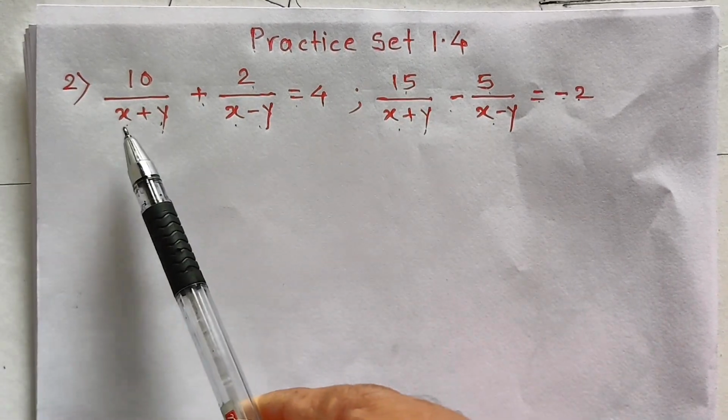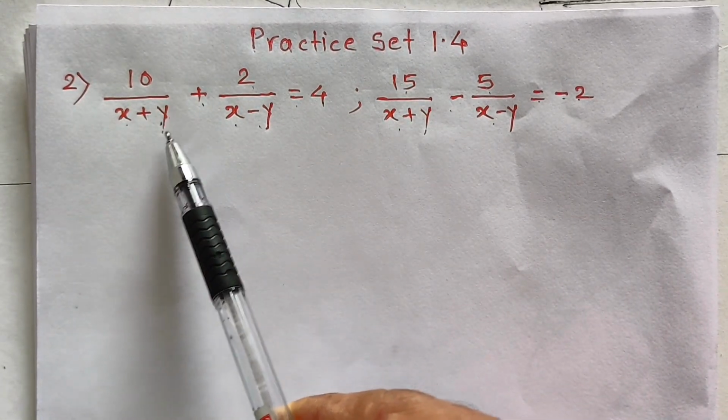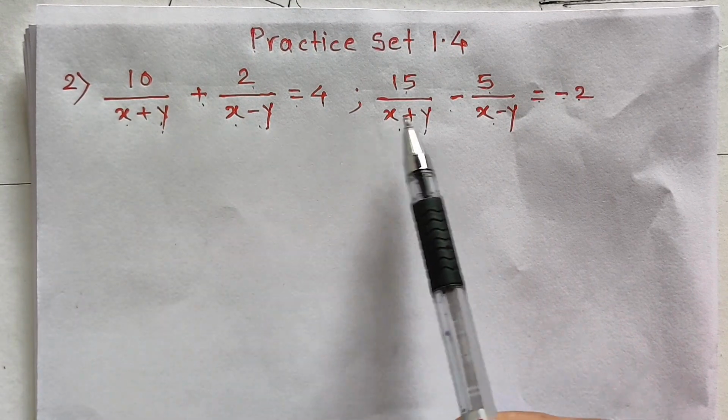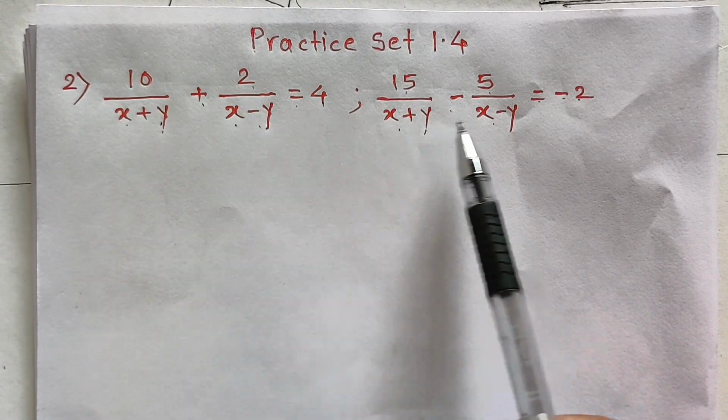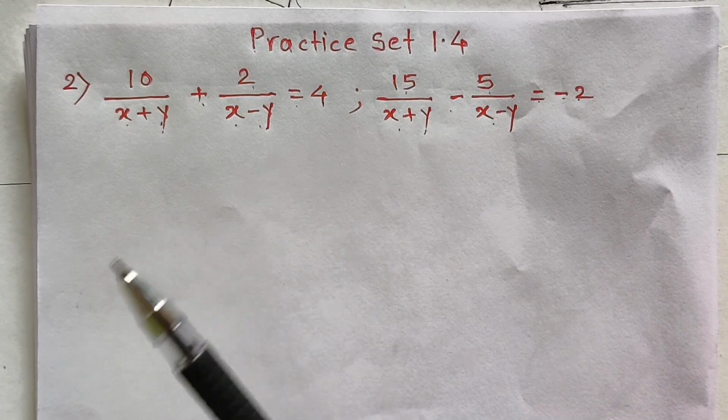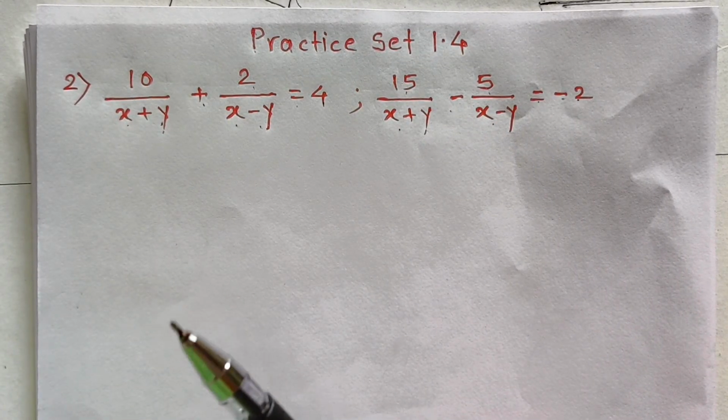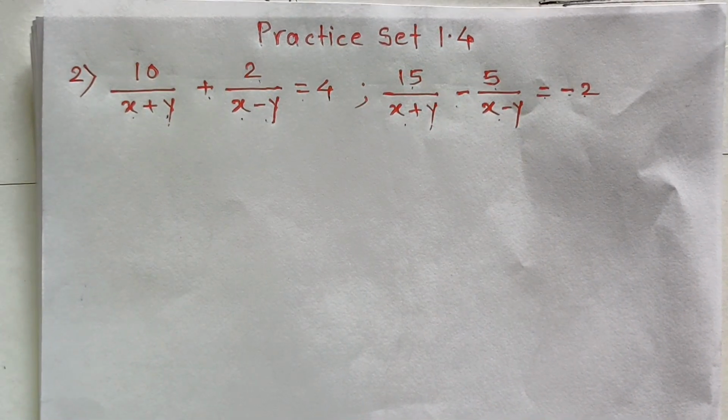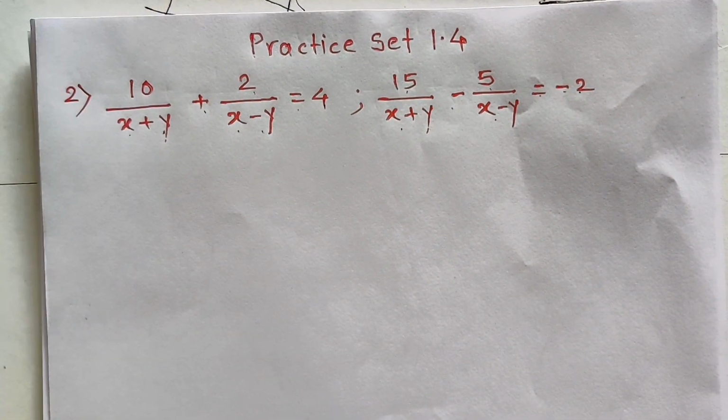Here the variables are in the denominator, x plus y, x minus y. So here again remember this 10 upon x plus y is nothing but, let us see in a rough work.